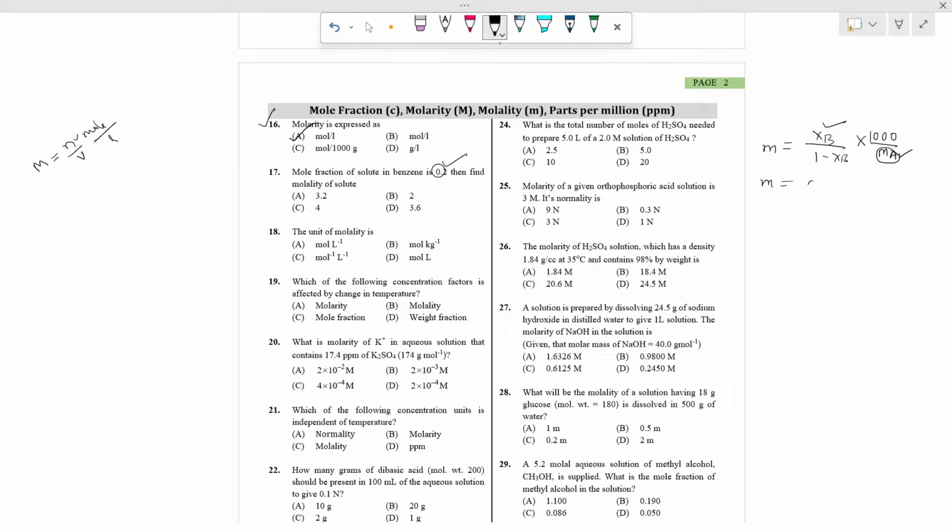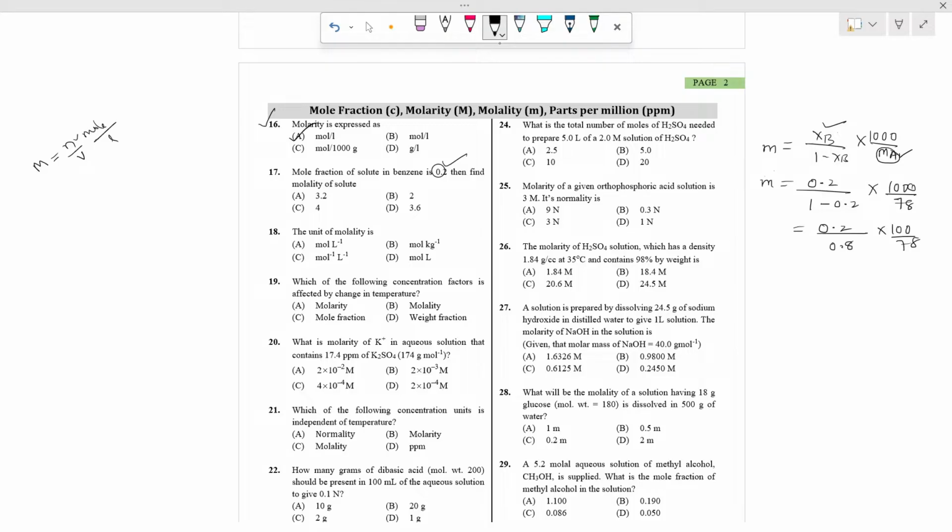So molality is equal to 0.2 upon 1 minus 0.2 into 1000 upon the molecular weight of this benzene, which is 78. So this will be 0.2 upon 0.8, into 1000 upon 78.